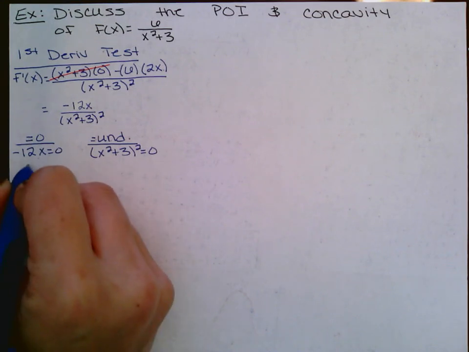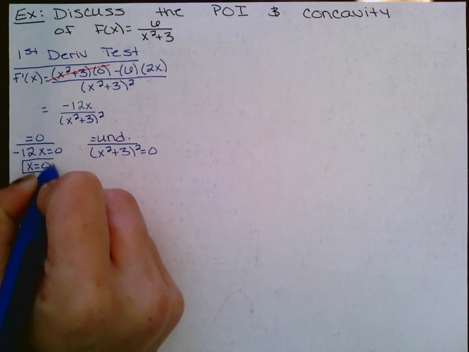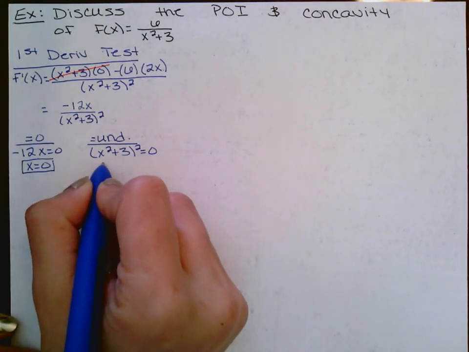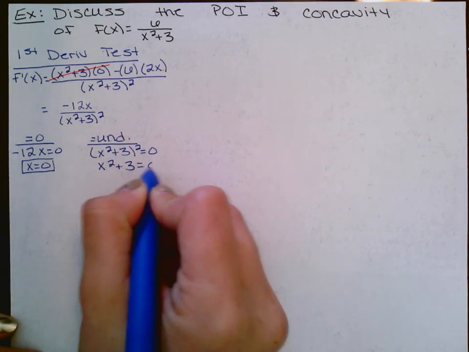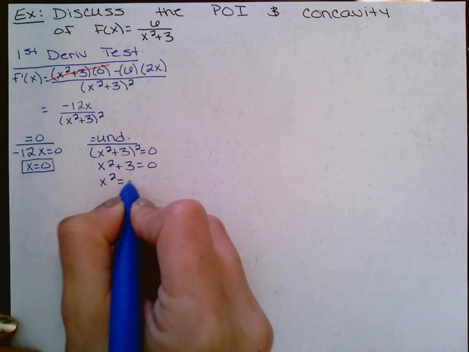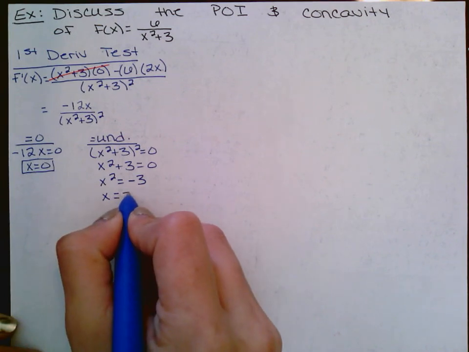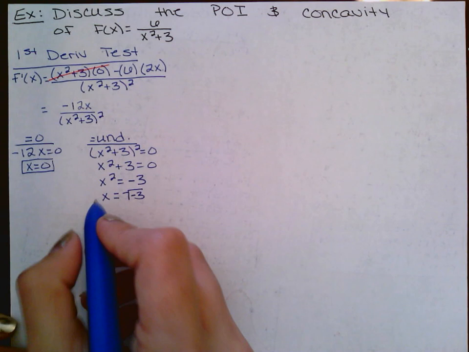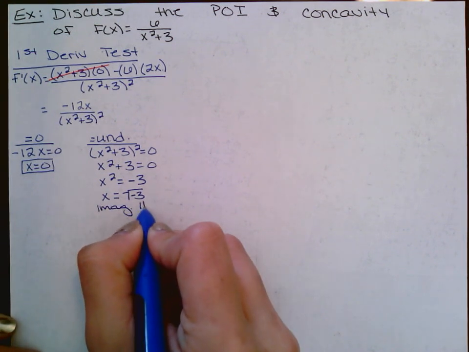If I divide over the negative 12, here I get x equals 0. And then here, if I square root both sides, square root of 0 is still 0. So I end up with x squared plus 3 equals 0. X squared equals negative 3. X equals square root of a negative. Hopefully you remember that square root of a negative is an imaginary number.